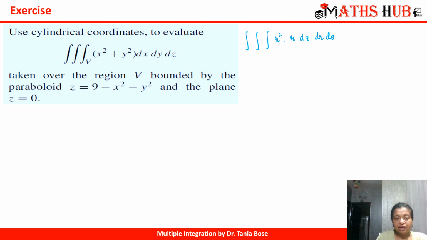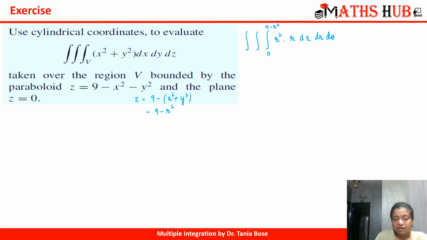Now from the given limits, I can see that the lower limit of z is 0. And when I put the values here, I will get z is equal to 9 minus x square plus y square, which is equal to 9 minus r square. So the limits of z will become 0 to 9 minus r square, right? Now once we solve the innermost integral, z will go.